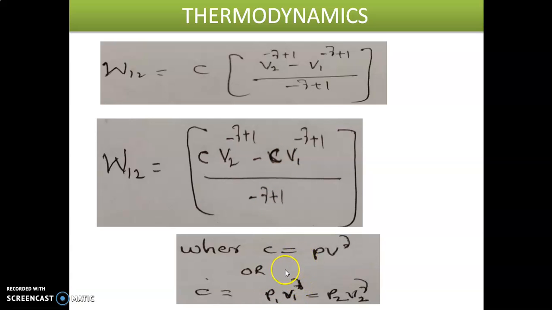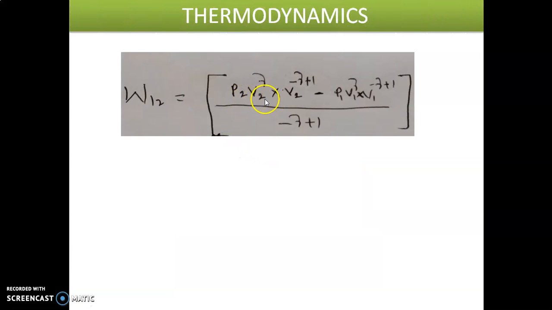If we substitute this C value, here we get P2 V2 to the power of gamma into V2 to the power of minus gamma plus 1, and in place of C we have substituted P1 V1 to the power of gamma into V1 to the power of minus gamma plus 1, by minus gamma plus 1. I hope you understand.